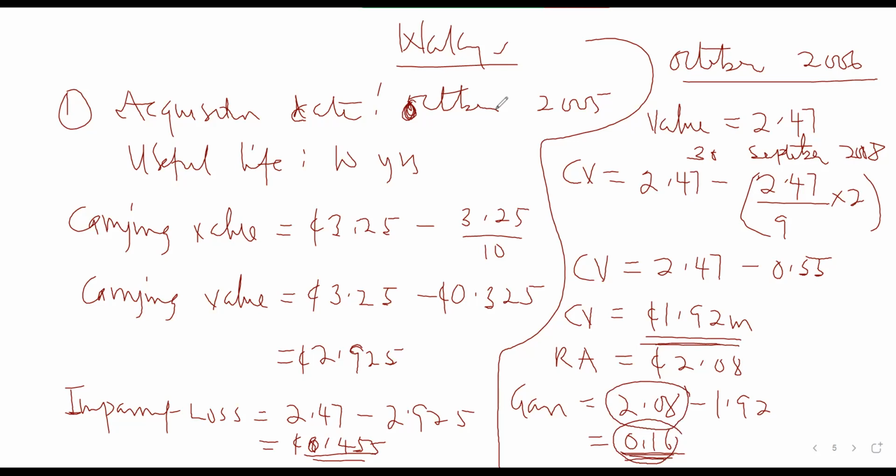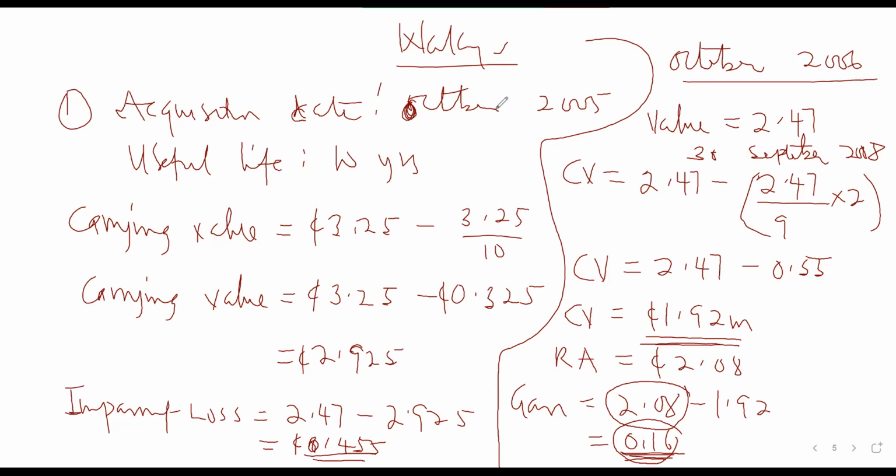Or since they are keeping 3 zeros, we multiply this by 1,000. So 0.16 times 1,000 will give us 160. Is it 160? Yes. Okay, they are keeping 3 zeros there.